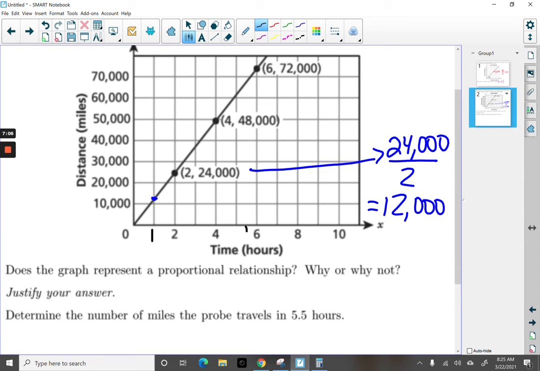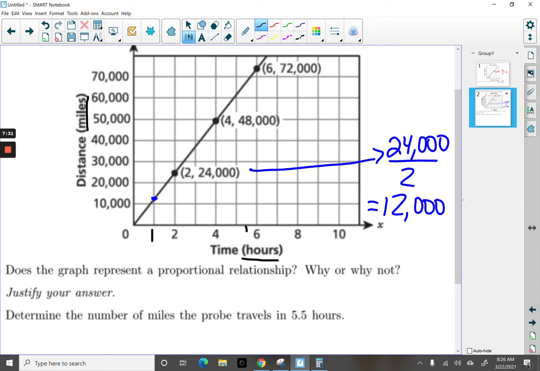And I can use this 12,000 now for my problem here, because this 12,000 means 12,000 y's, which is miles in this case, compared to my x's, hours. This probe is traveling 12,000 miles per hour, or 12,000 miles in 1 hour.